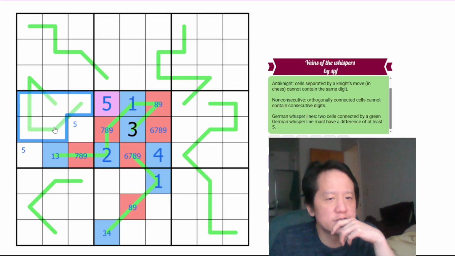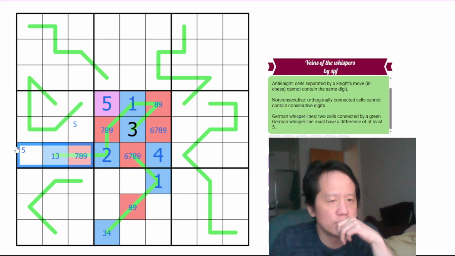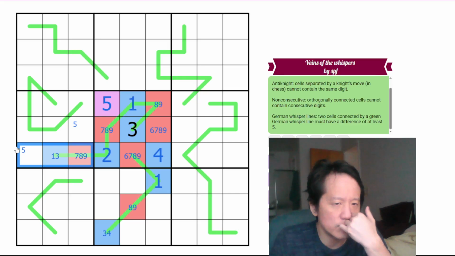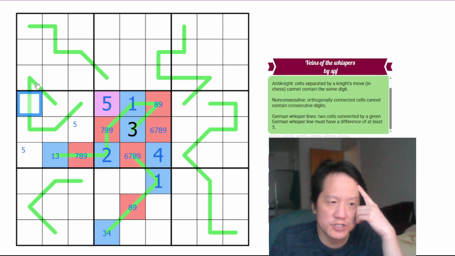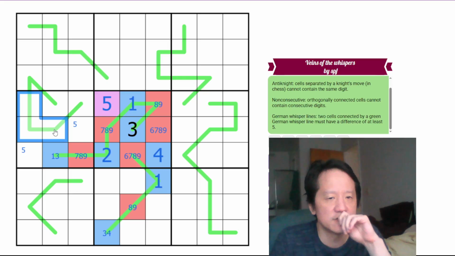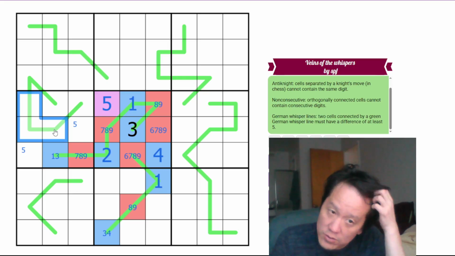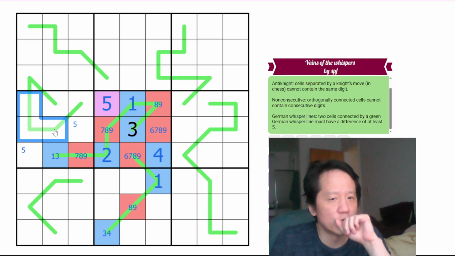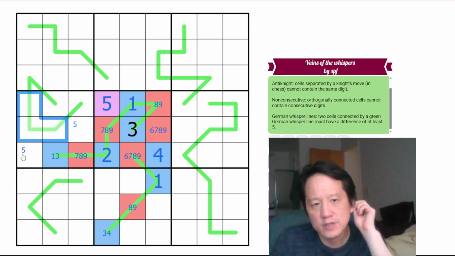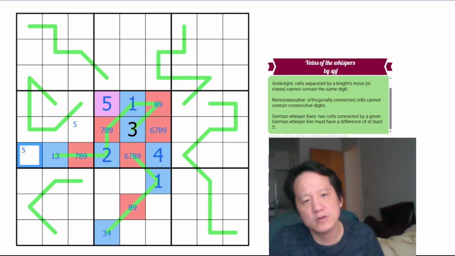Where is the 4? This is next to two unique digits on the German whisper line. So is this. So is this. So 4 cannot be any of these cells. And 6 can't be any of those cells either. Where are the 4 and the 6 possible? Well, 6 could be here.